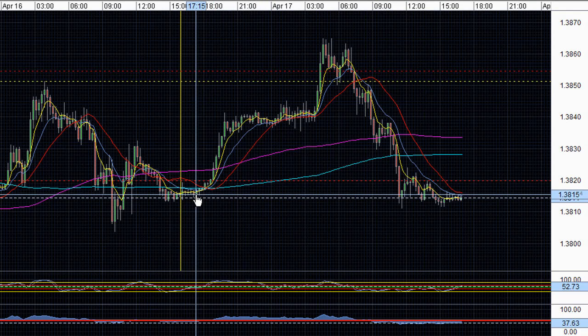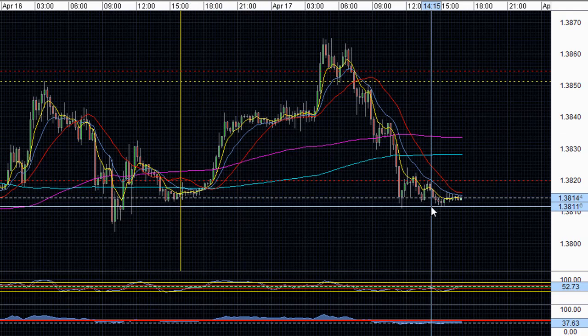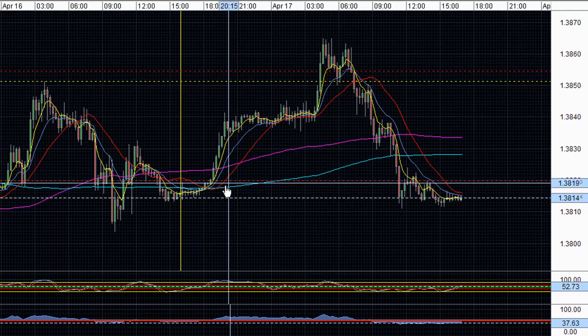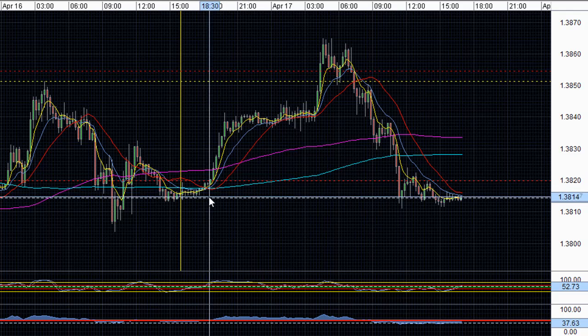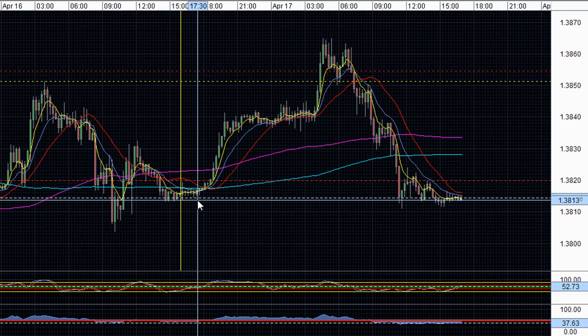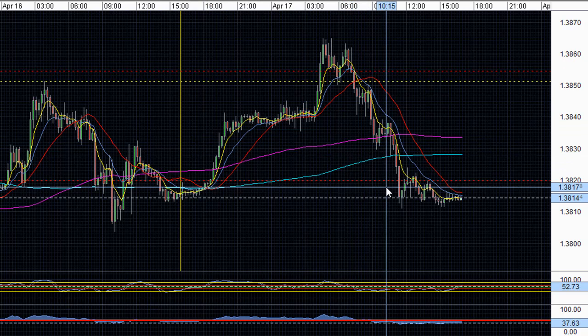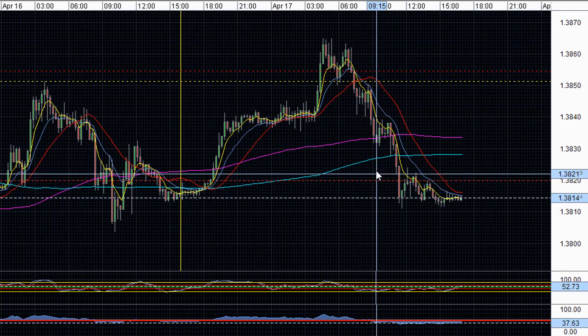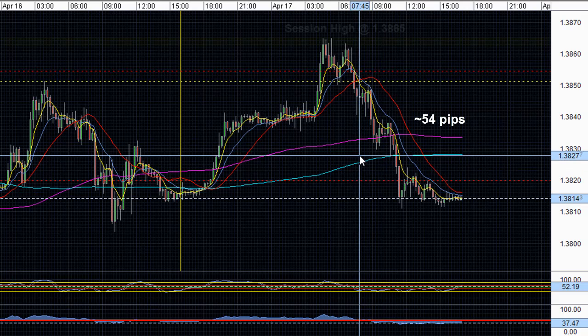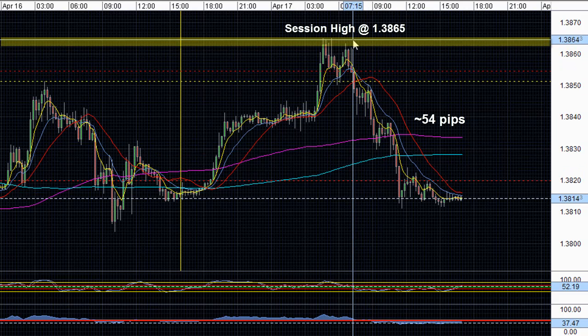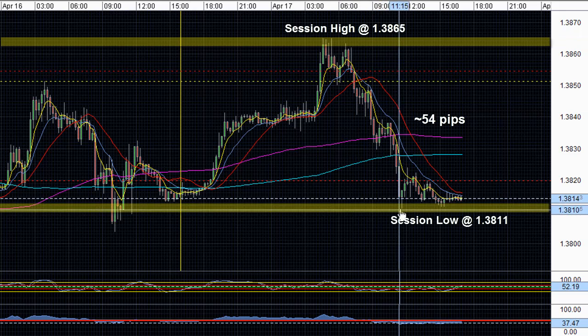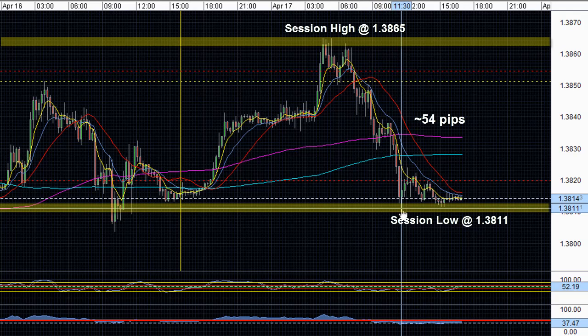We didn't really end the day too positive or too negative, but this is just a picture of market indecision, and what can happen when we hear various headlines throughout the day. For today, the pair had only traded about 54 pips, from the session high here at 38.65 down to the session low here at 38.11.